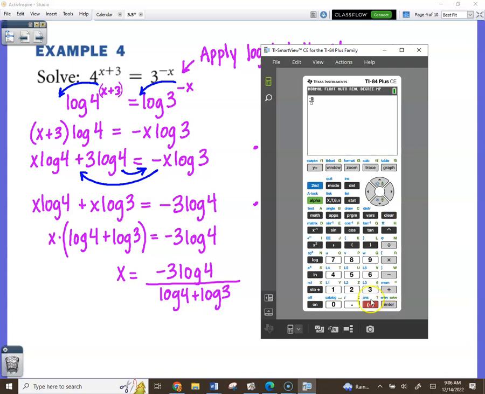So you've got negative 3 log 4, close the parentheses here, that is important. Then you've got on the bottom log 4 close plus log 3 close. And while that feels very uncomfortable, that is the answer. There's nothing pretty in logs the majority of the time. So you got to get comfortable with those decimals. How do I write numbers from the logs?